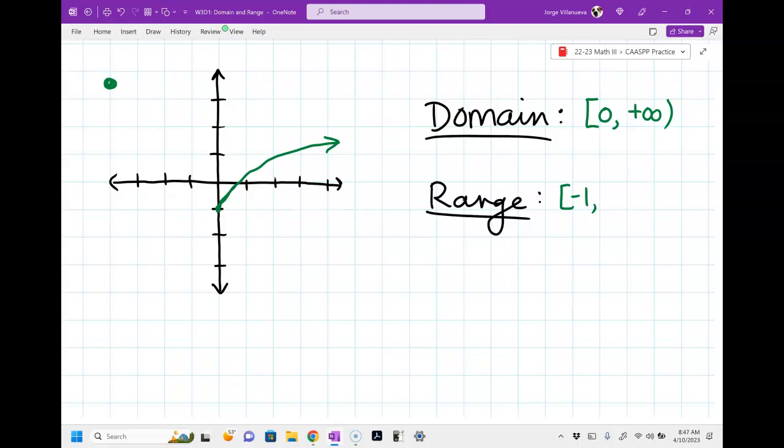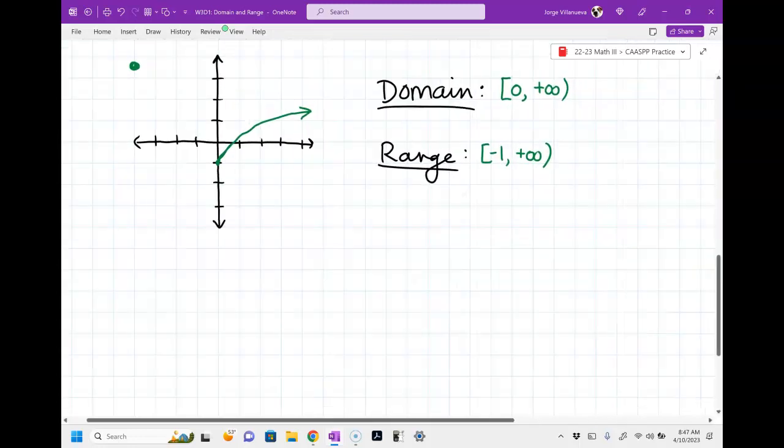So is it ever going to stop rising up? No, it's going to rise up slowly, but it's going to keep going forever. Just so you know, the way you're going to find range on these graphs is based on your outside number. One more thing on this and then we'll move on.